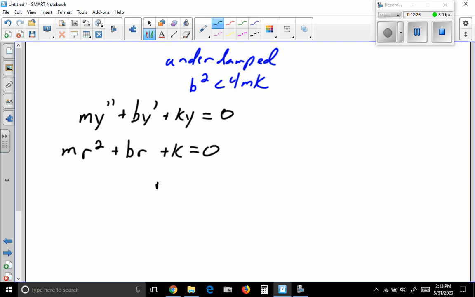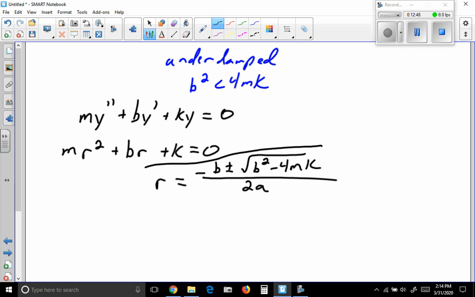The values of r are given by the opposite of the middle one, plus or minus the square root of the middle squared minus 4 times the leading one times the constant, over 2 times a. So those are our values of r to determine our solution.